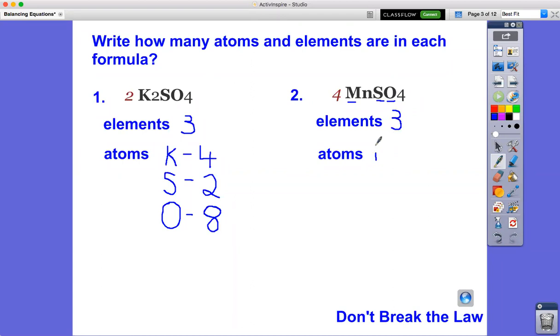Okay. All right. So, Mn. How many Mn's do we have? Yes, beautiful. Look at all of you got it right. Beautiful. 4. Okay. How many S's? Sulfurs. Look, you just kept it there. That was perfect.